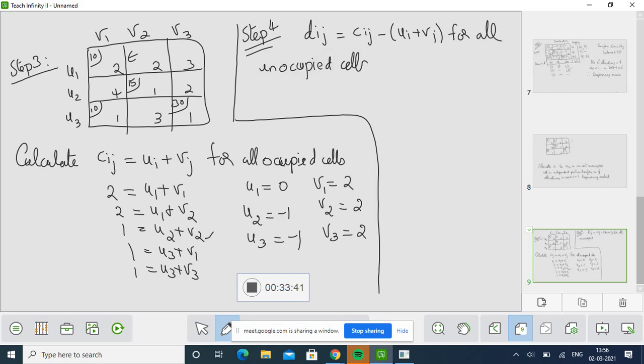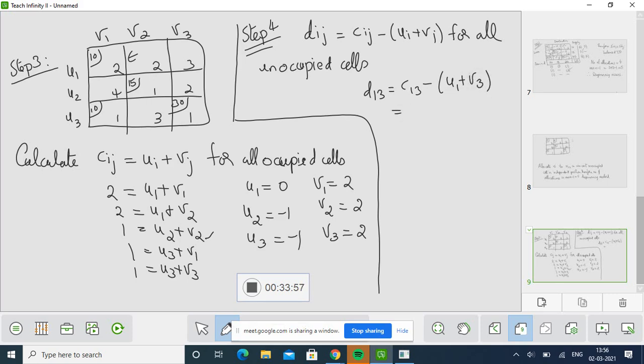So, how do you proceed? What is the first unoccupied cell? First row, third cell. So, D13. My D13 is C13 minus U1 plus V3.